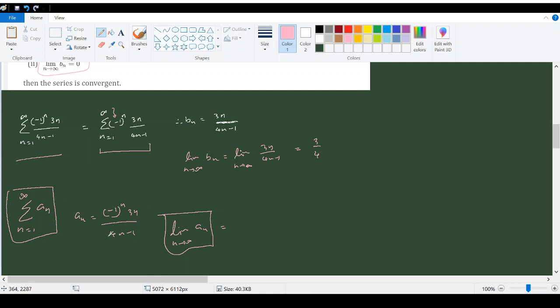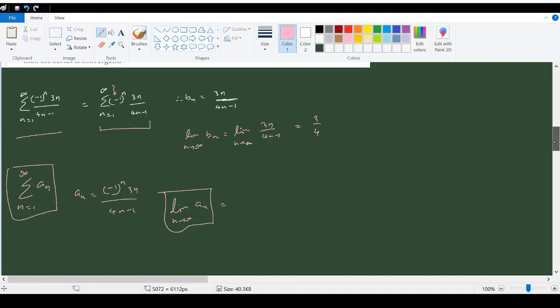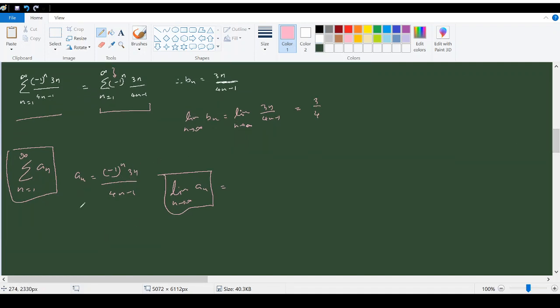This is just because of this alternating nature, where you can see it in a different way. Now just suppose this has only positive terms.